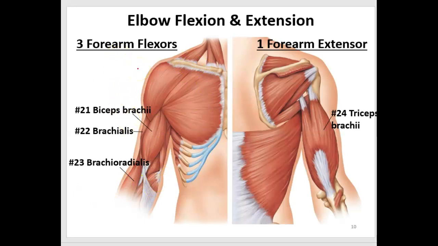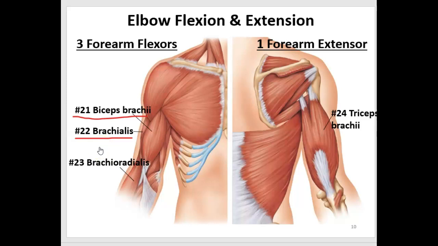So there are three flexors of the forearm. Muscle 21, which is the biceps brachii, that's the big one anteriorly that we often think of. But beneath it is the brachialis, that's number 22. And to tell you the truth, the brachialis is the prime mover of forearm flexion. It does most of the work.